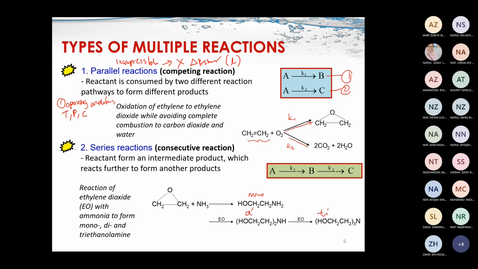Alright, and then we have another one. We need to look at what kind of suitable reactor to be used. So this is how we determine the selection, or selectivity.